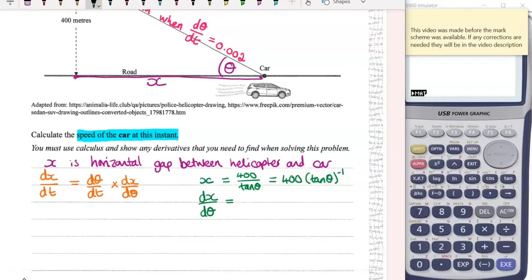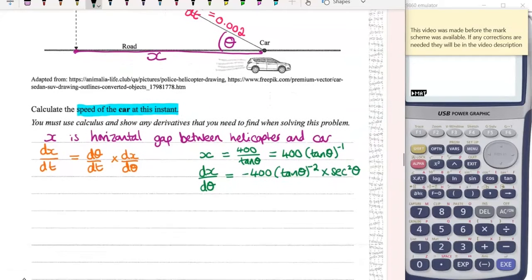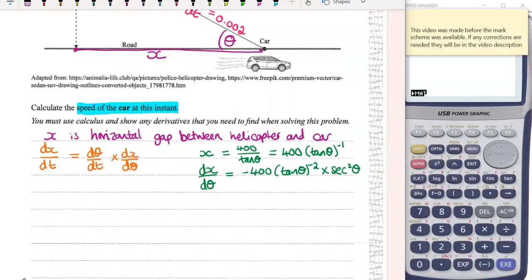So if I'm to differentiate that thing, differentiate the outside, it's a chain rule, reduce the power by 1 here, so that's a minus 2, and times by the derivative on the inside, which is sec squared theta. So tan theta becomes sec squared theta. Now let's try to do some simplifying. We have minus 400 over tan squared theta.